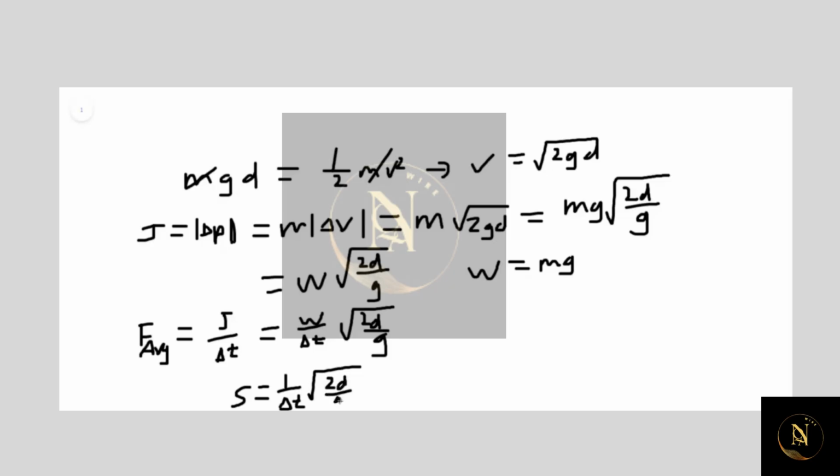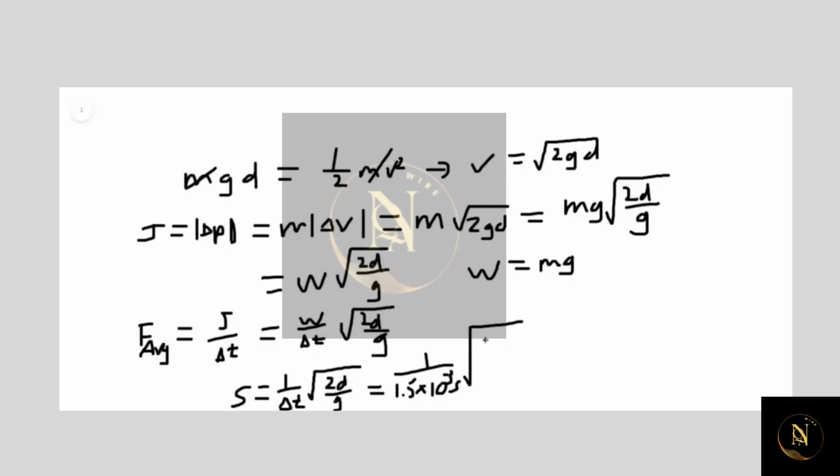Okay, well, now let's plug in the values that we were told for these. So this is 1 divided by 1.5 times 10 to the minus 3 seconds for delta t. This is the square root of 2 times d.